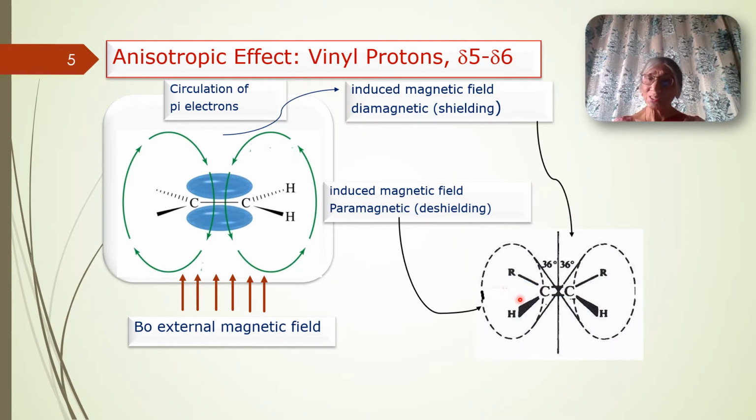So if the protons are present in the paramagnetic area, then the protons are de-shielded, and if the protons are present outside the cone, then the protons are shielded. So we can explain why ethylenic protons are highly de-shielded: because they are present in the paramagnetic area where the B0 effective is more than the B0 applied.